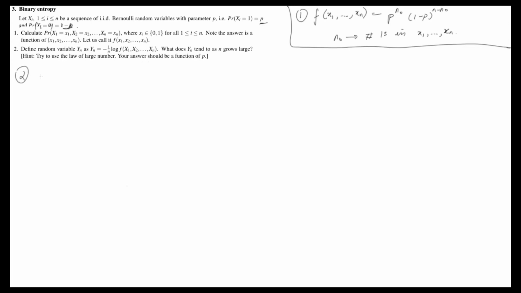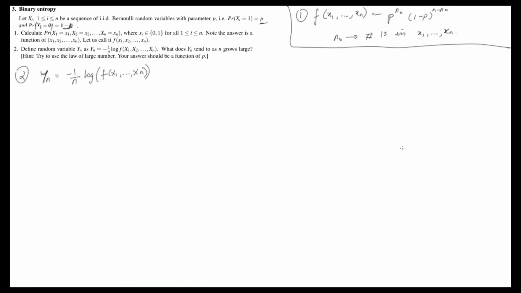So now we have the random variable yn is equal to -1 over n log of f of x1 through xn. Observe that now the argument to the function is the random variable itself and not the values the random variable takes.